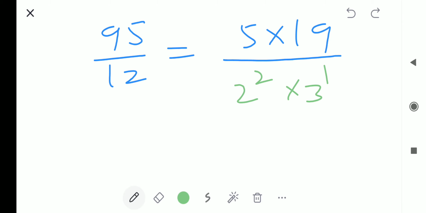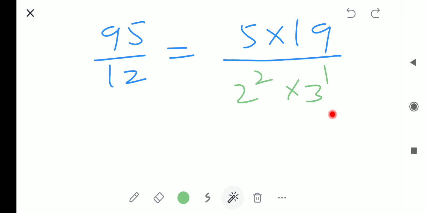Now, are there any common factors in both numerator and denominator? No. If you find any common factors, you can cancel them. As we could not find any common factors, we need not perform cancellation here. Now let me concentrate on the denominator.